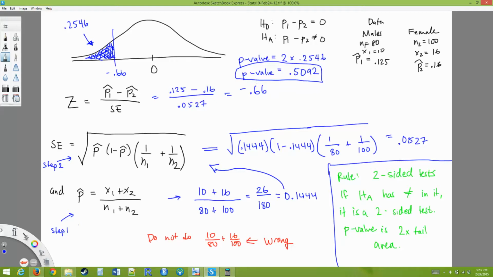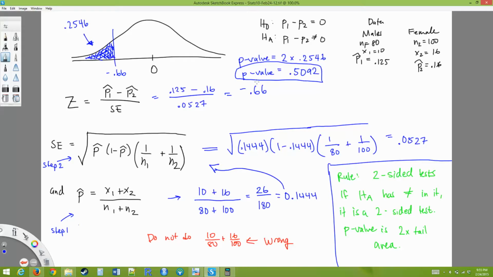Remember, the null hypothesis here says that P1 minus P2 is 0, okay? And what we're doing is we're calculating our p-value, which is the probability of observing our data, or something more extreme, if we assume the null hypothesis were true.